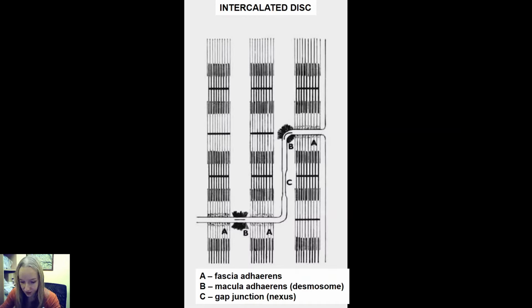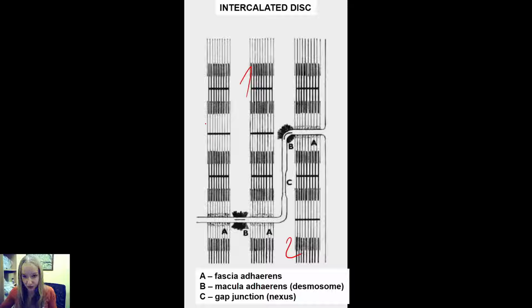So, thus, intercalated discs. We already mentioned them. These intercalated discs are connecting complexes between cardiomyocytes. So here we have one cardiomyocyte and a second cardiomyocyte, and these are the intercalated discs.